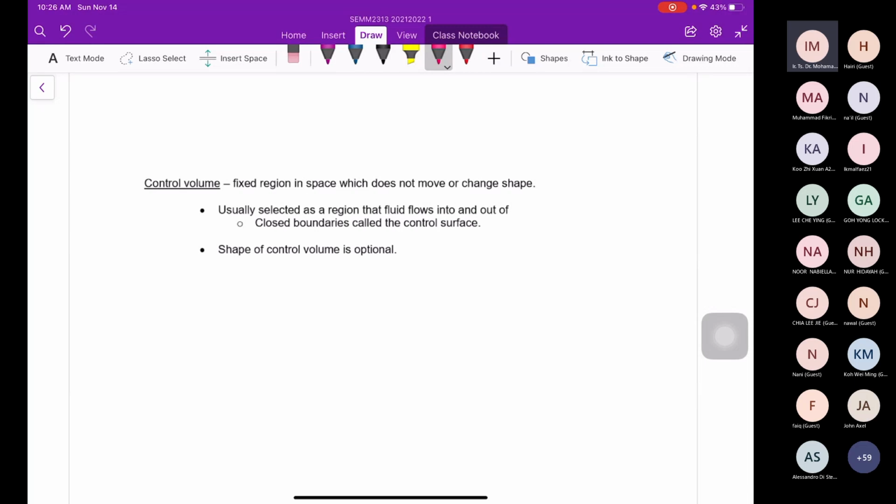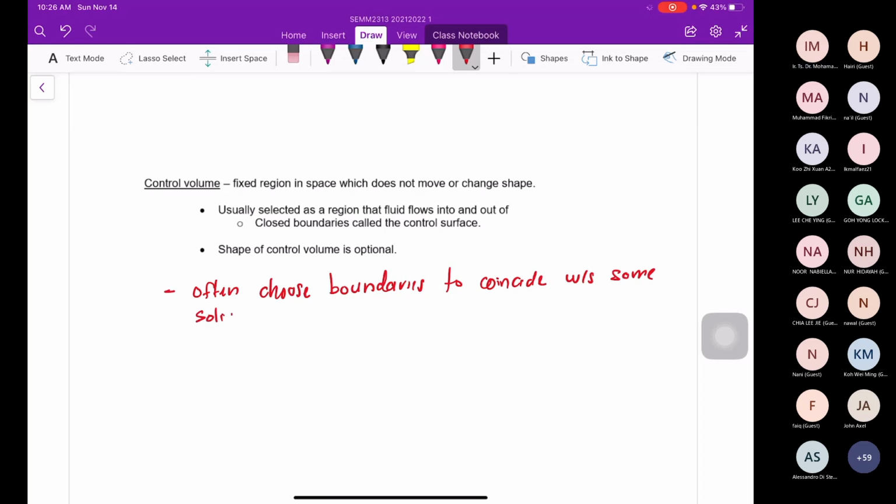Often we choose the boundary to coincide with some solid or natural flow boundaries.